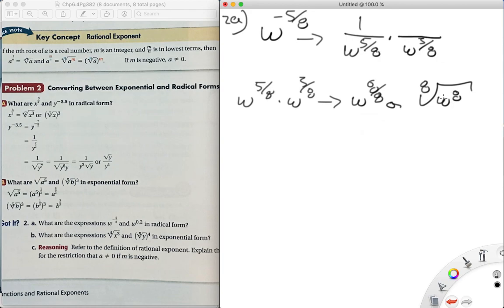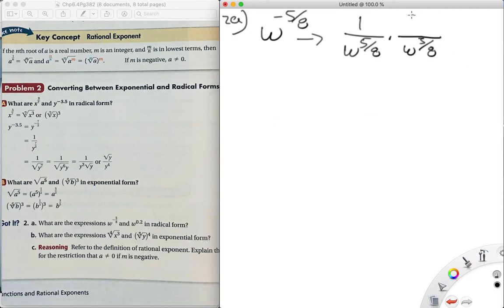That's what we want. We want the 8s to cancel out, and then I'm just left with the w inside. What I do to the denominator, I'm going to do to the numerator.